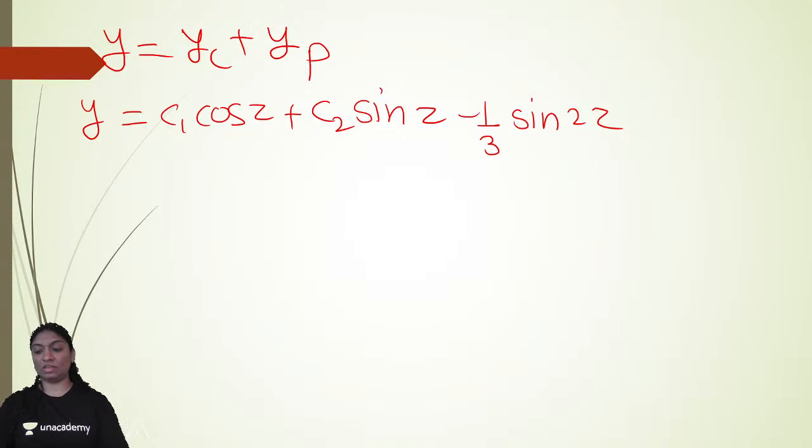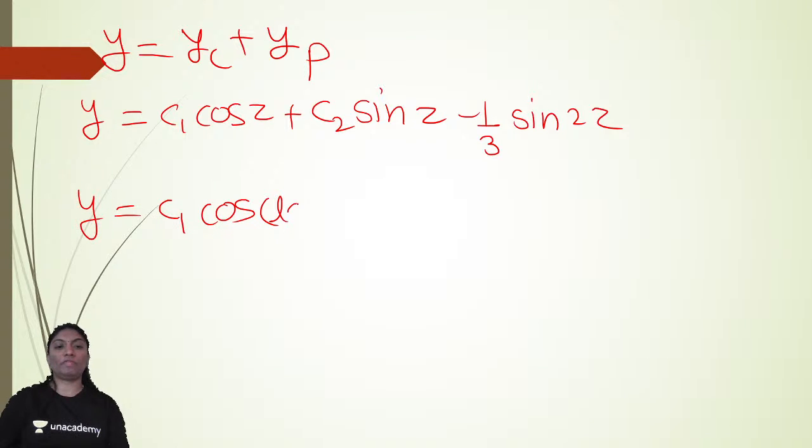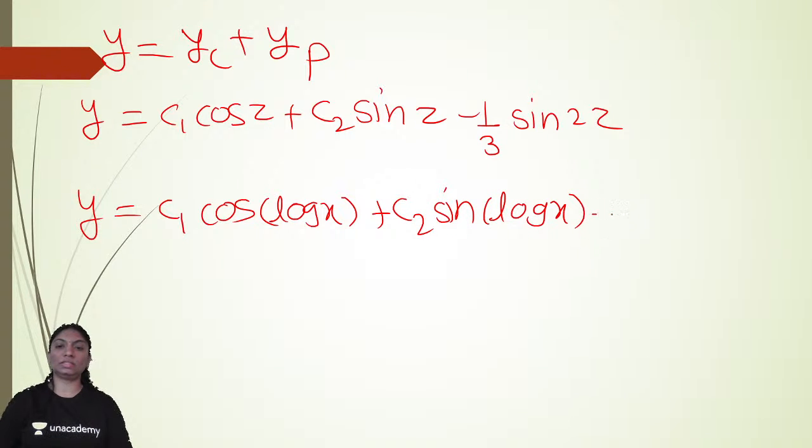Now finally, see your differential equation is in the form of x, so you have to write the solution in terms of x. So again replace z by log x. Here y is equal to c1 cos log x plus c2 sin log x minus 1 by 3 sin 2 into log x.